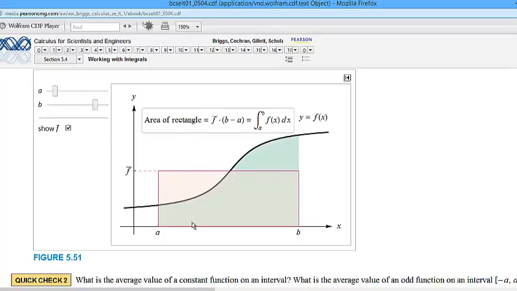See the area of this rectangle? What's the area of this rectangle? It's the average value times b minus a. Well, if you multiply the average value times b minus a, you just get the value of the integral. So it's kind of like you can see that this green has to match the area over here. And I think that's really kind of cool.